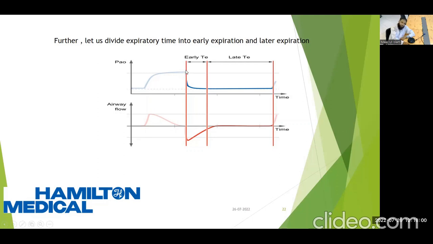Let's divide the expiratory phase into two divisions. From the decrease of this graph, let's consider this is the early expiratory time. Whenever the graph becomes straight, let's consider this is the late expiratory time.